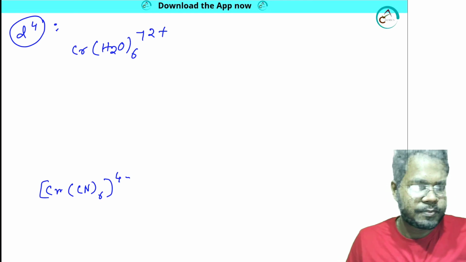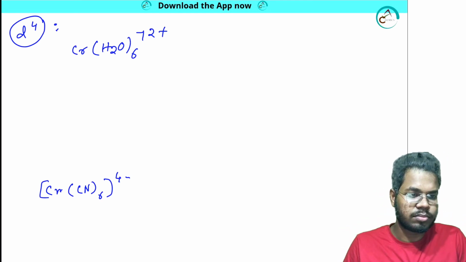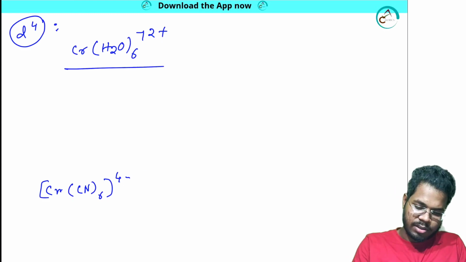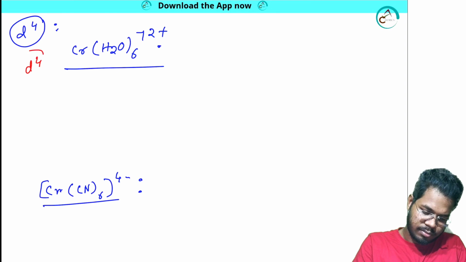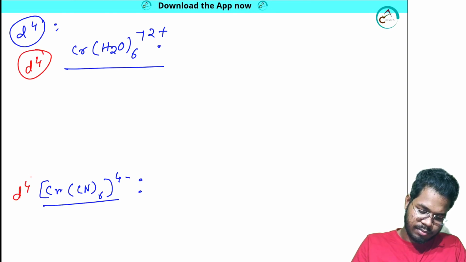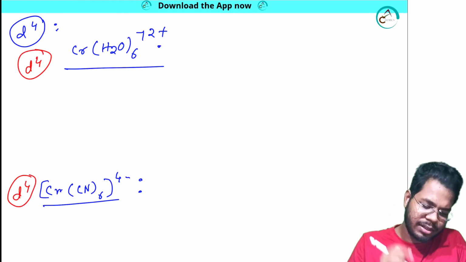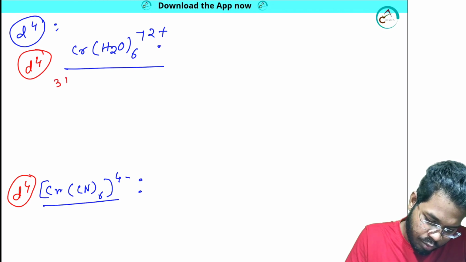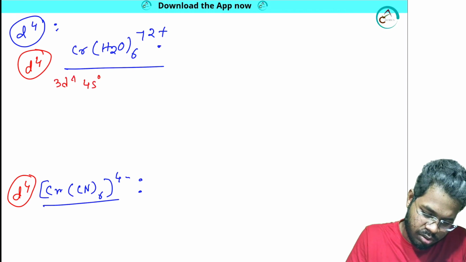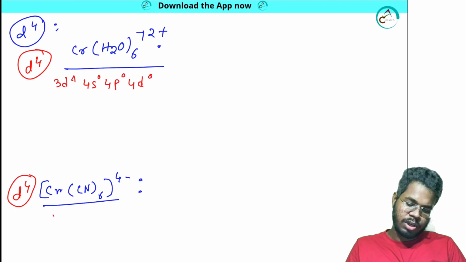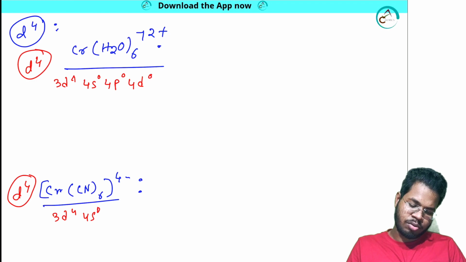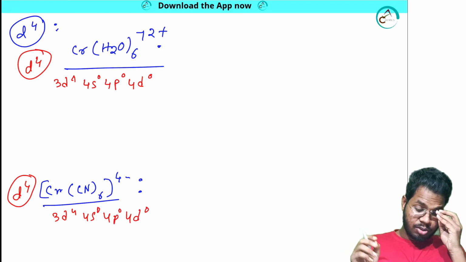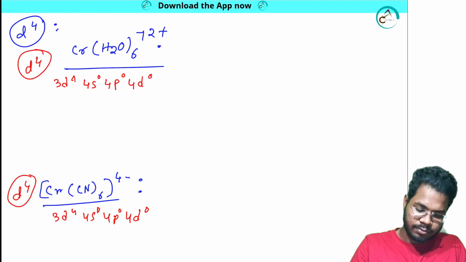Okay, I am taking two examples, just examples, nothing else. This is a d4 system, and this is also a d4 system. How to do that? d4 means 3d4, 4s0, 4p0, 4d0. This is also true for both. Let me take the first one first.